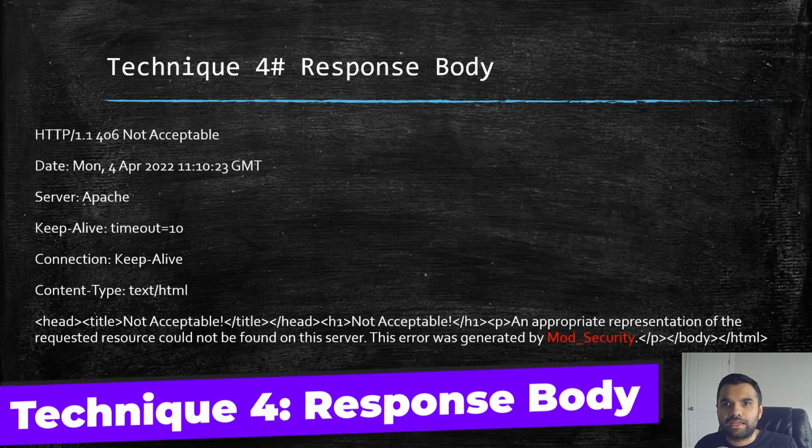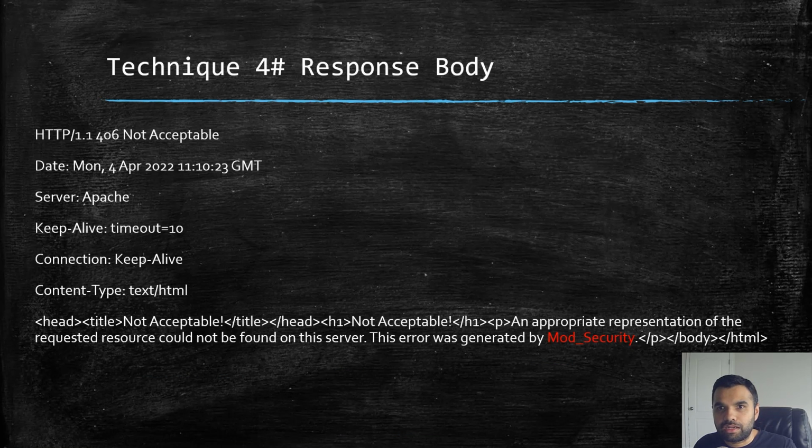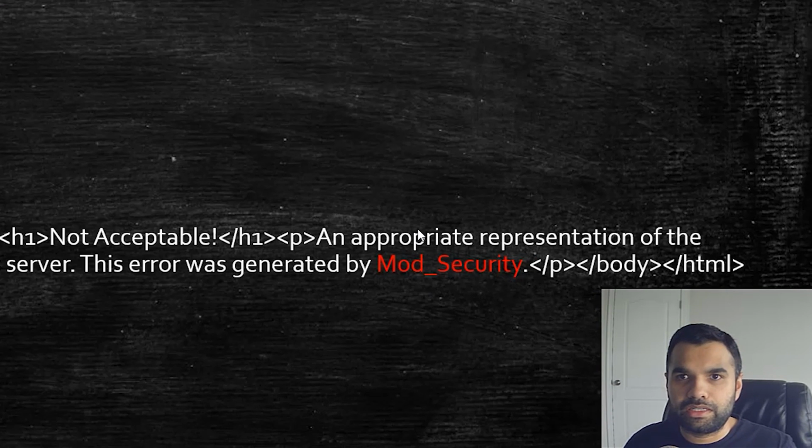The next technique is pretty straightforward. If you analyze all the responses that you have been getting while doing the info gathering or passive spidering throughout the application, sometimes with your payloads you will get an error message or response which will tell you the name of the firewall itself. So in this example we can see we are getting ModSecurity as a name itself, right? So we don't need to do any extra effort.